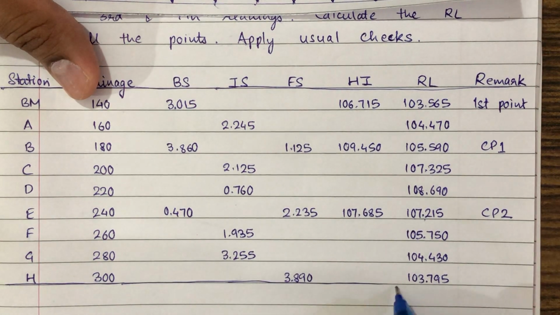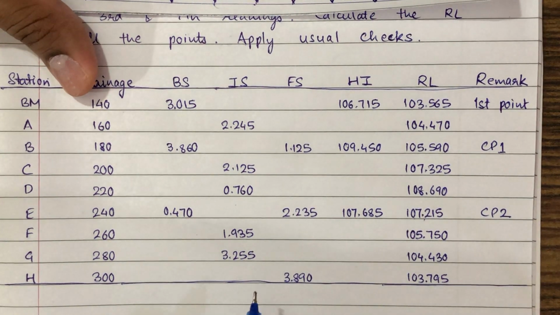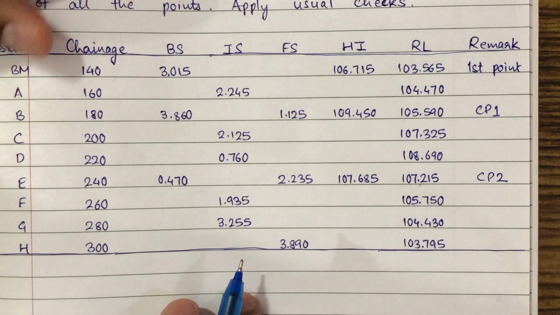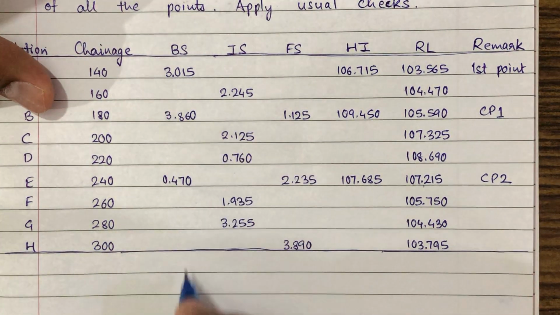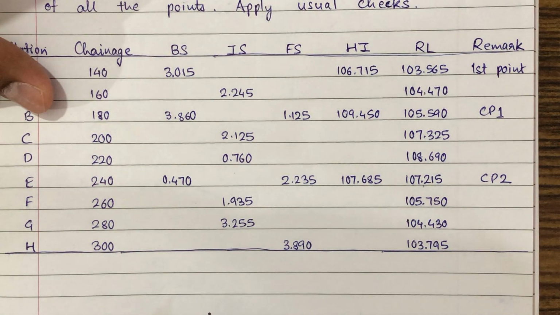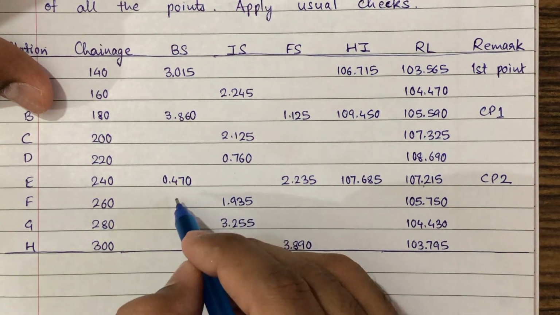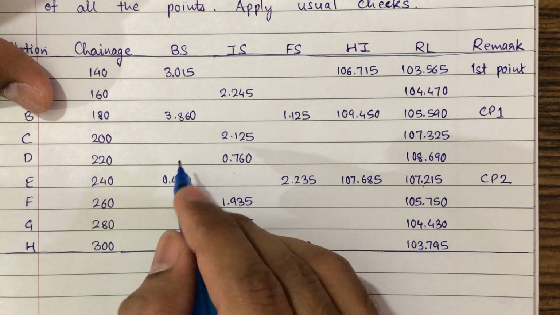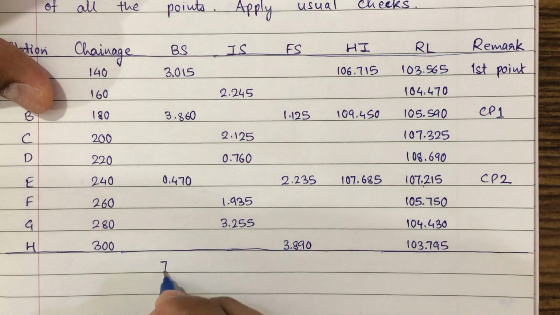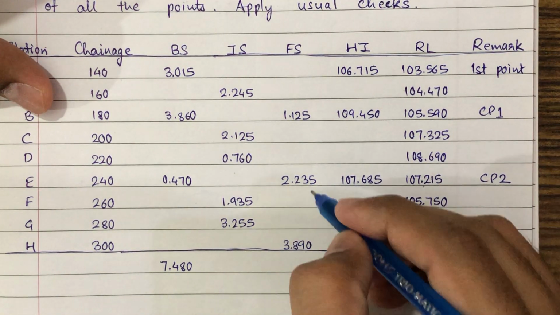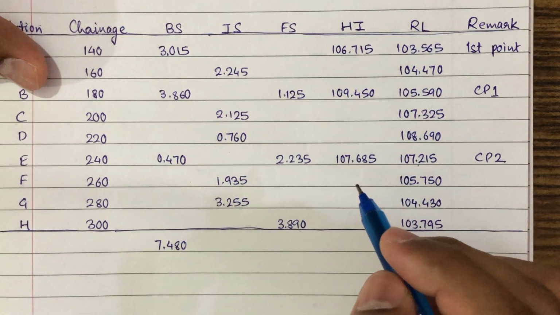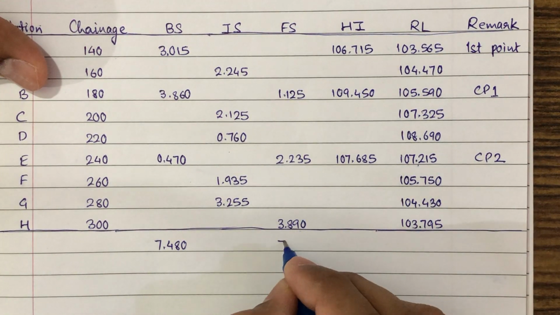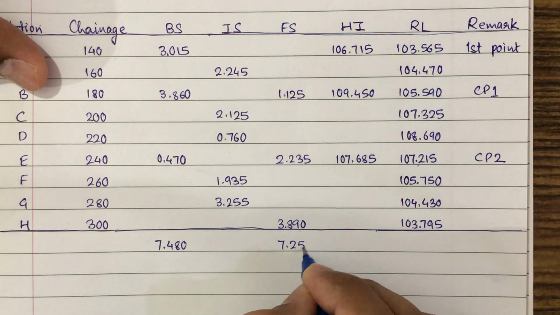Okay, and to check whether we have done it correctly or not, for HI method we have to find the summation of backsight and summation of foresight. So adding these three values, we get the summation of backsight as 7.480. Adding these three values, we get the summation of foresight as 7.250.